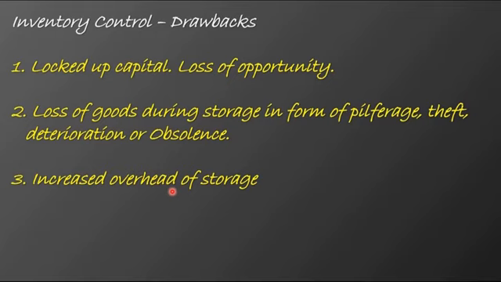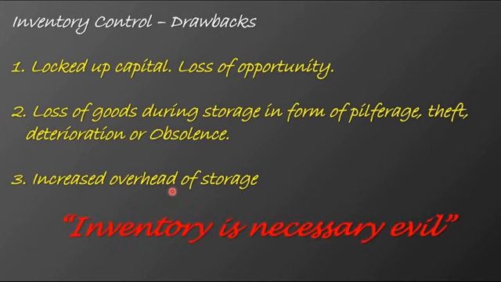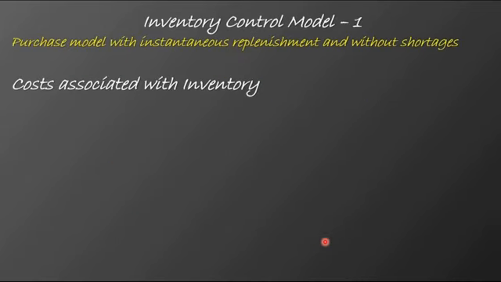So we are keeping inventory minimum, and therefore it is said that inventory is known as necessary evil. Inventory is necessary evil. Ideally inventory should be 0, but we are approaching it that it should be minimum, as ideally 0 inventory is not possible.